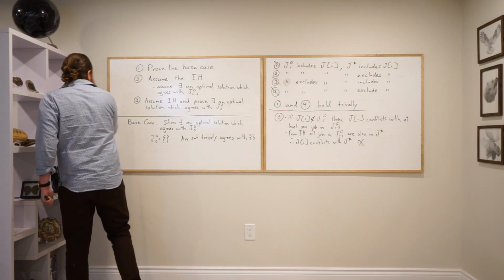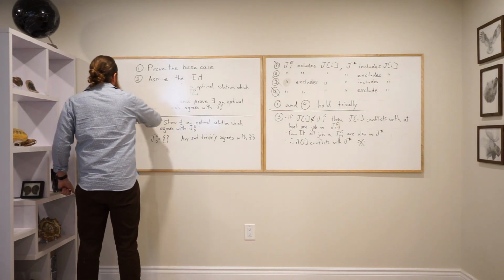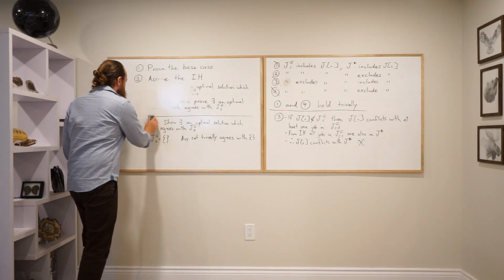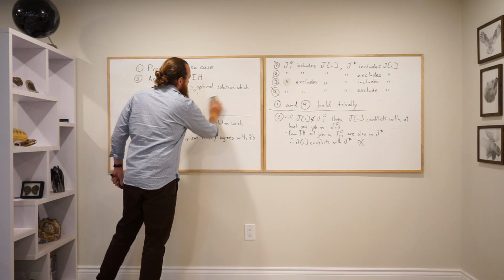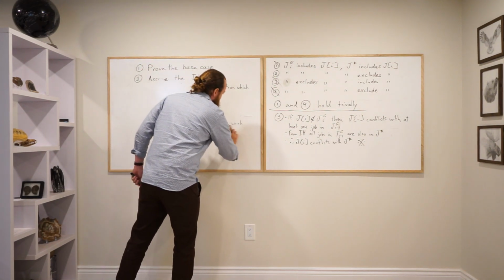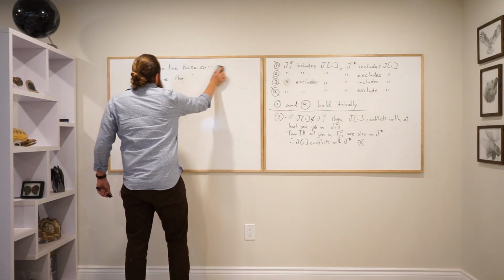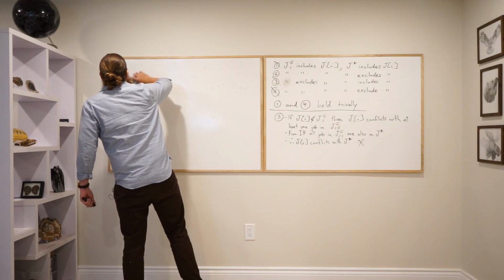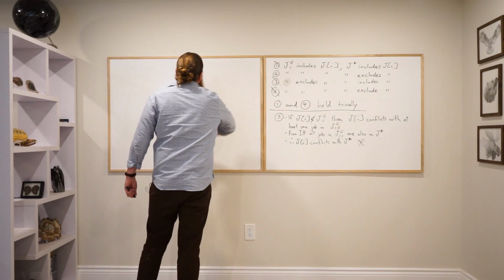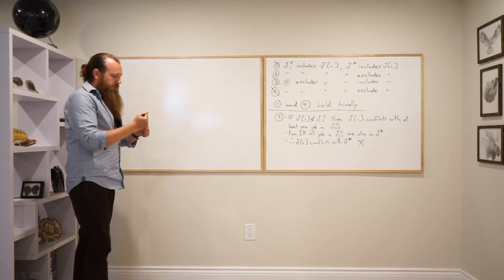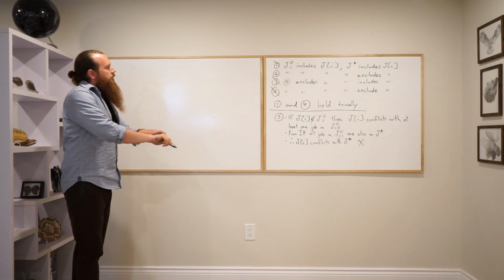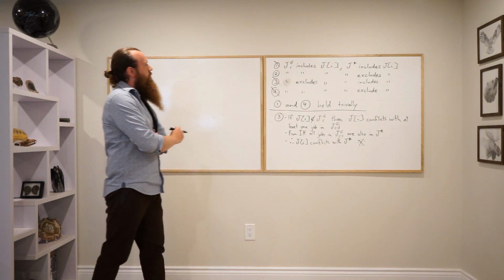Well, now all we have to do is come up with a contradiction for case 2, show that case 2 never happens, and then we've proven our theorem. So how are we going to do that? If we start to look for a contradiction and find one, then we're done.